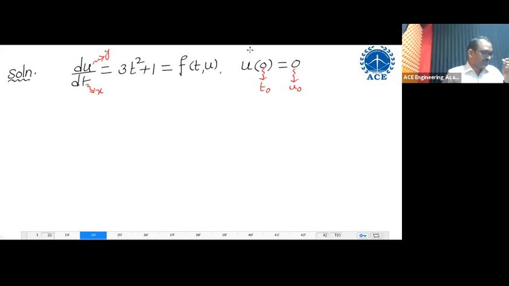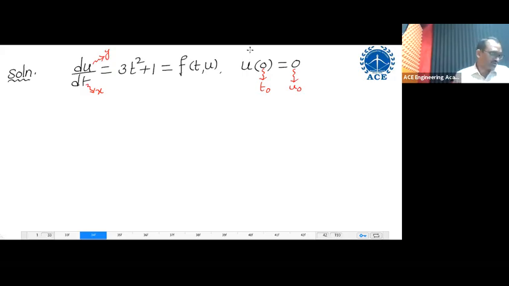Listen to me, everyone. You are asked to find the absolute error. Absolute error means the modulus of exact value minus approximate value. Approximate value means the Euler's method solution. Any numerical method solution is an approximate value only.